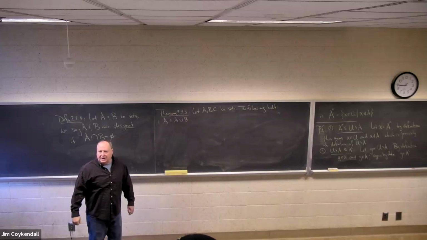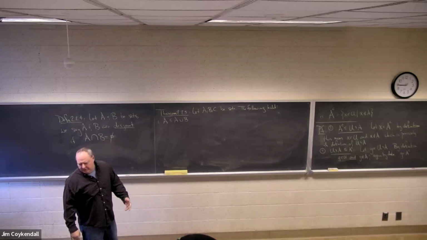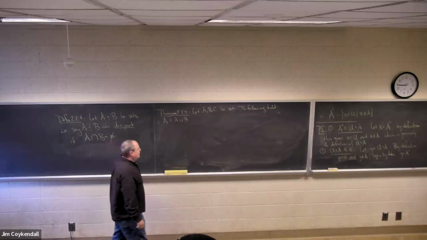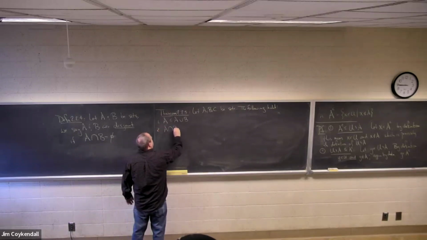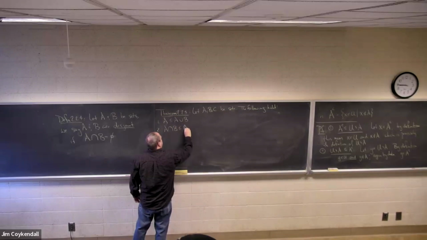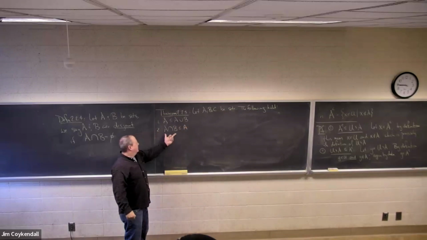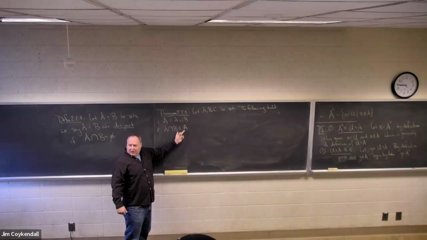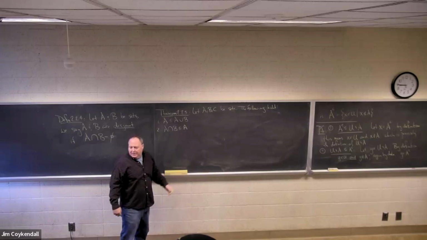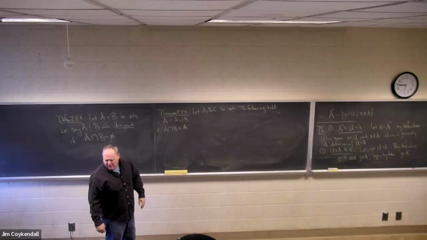Any set is contained in that set union something else. When you intersect two sets, it's contained in A, and I could also write B. A intersect B is contained in both A and B, but logically I only need to write one of them.